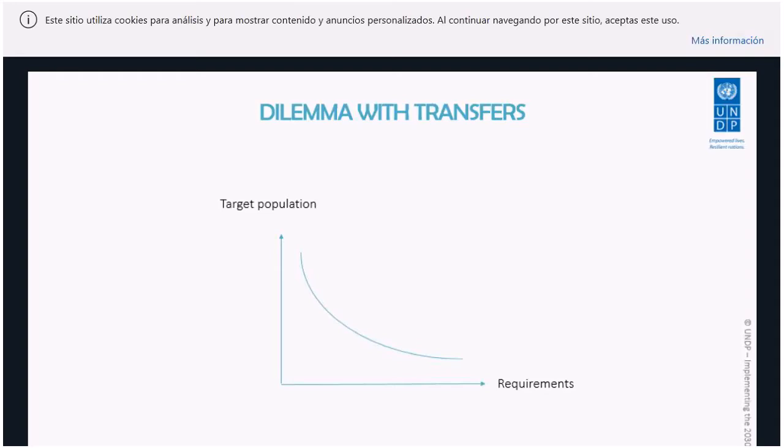Right? So, for instance, if you decide and implement the universal basic income, I mean that is fantastic from a social point of view, right? It is fair, it is equitable, it's fine, right?